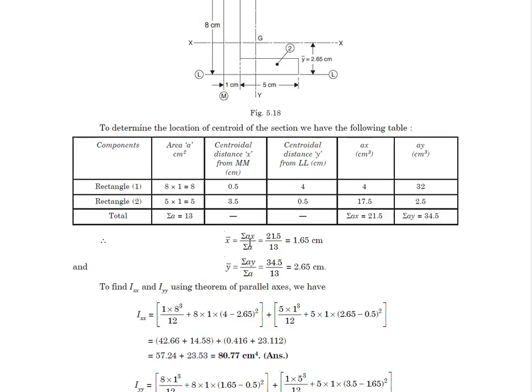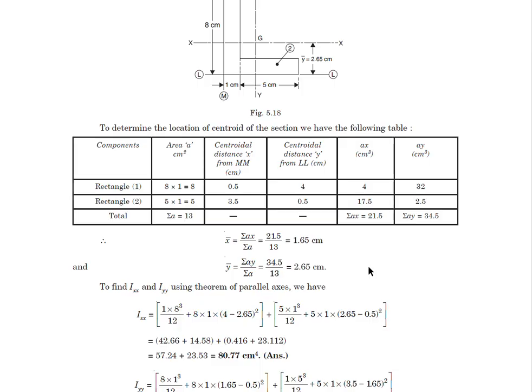By dividing these figures with the total area, you can find the x bar and y bar, which represent the position of the CG of this L-shaped lamina.